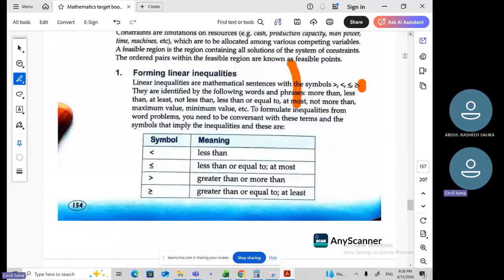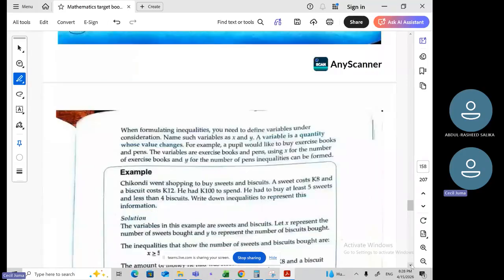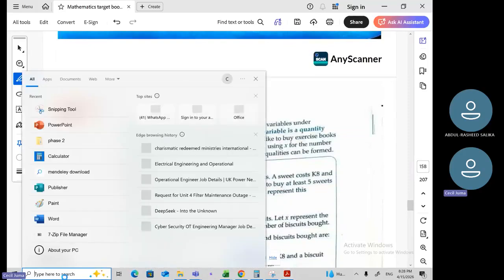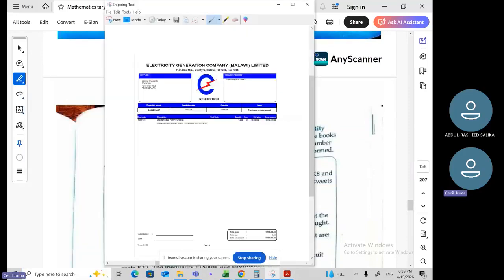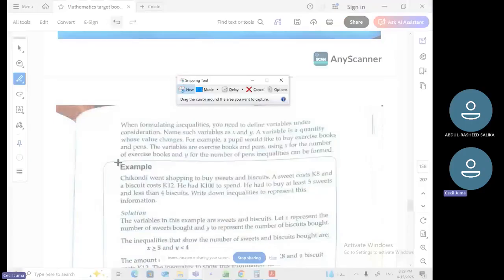We'll begin by looking at this example. Let me screenshot it.